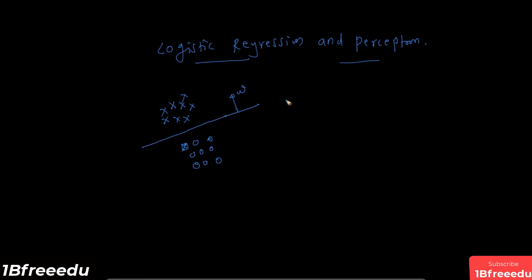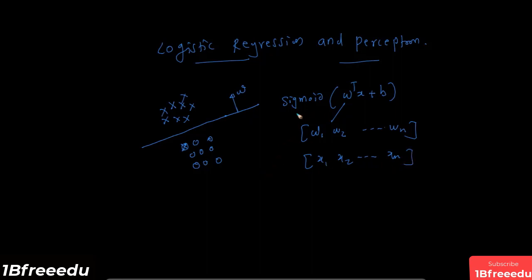Now I can write the equation of logistic regression like this: sigmoid of W transpose X plus b. Here W is a vector which we can write as W1, W2 up to Wn, and X is a single data point with n features: x1, x2 up to xn.